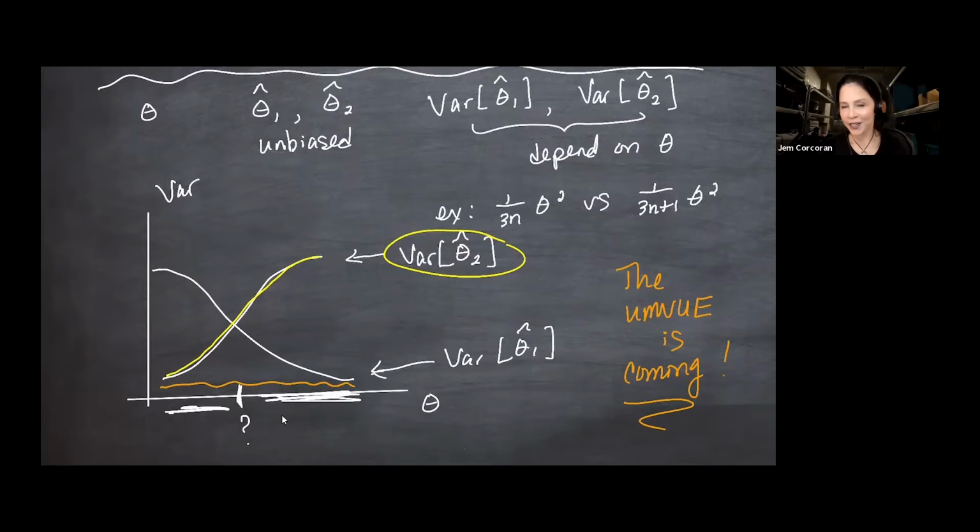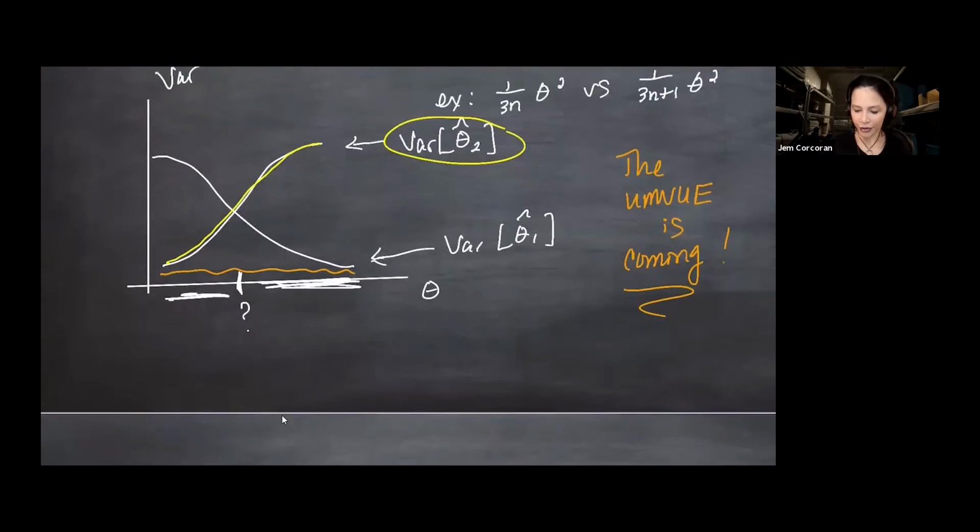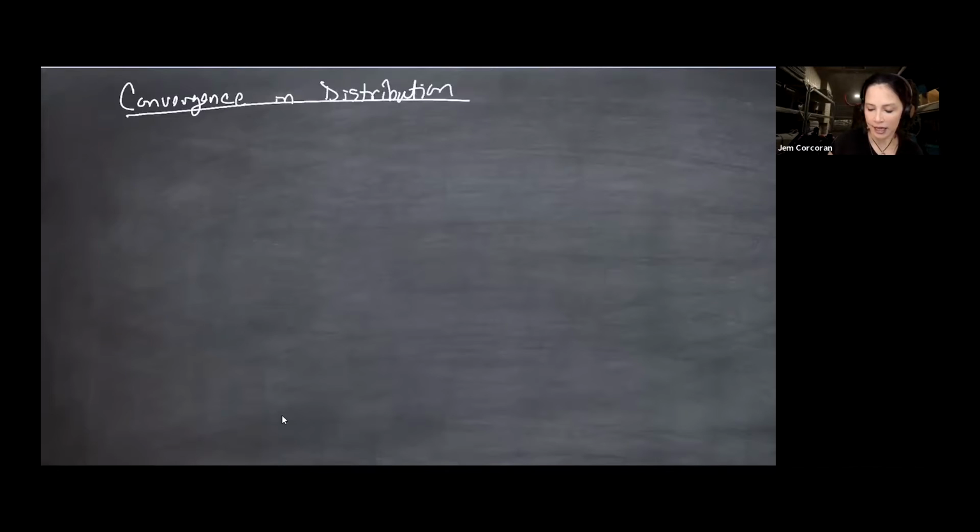So convergence in distribution was our second type of convergence for a sequence of random variables, and it was just convergence of CDFs. We write that a sequence of random variables converges in distribution to X. We put an arrow and some kind of D over it. And I gave you several other notations, and if you want to use one of them, that's fine. But I'm using a lowercase d for reasons.